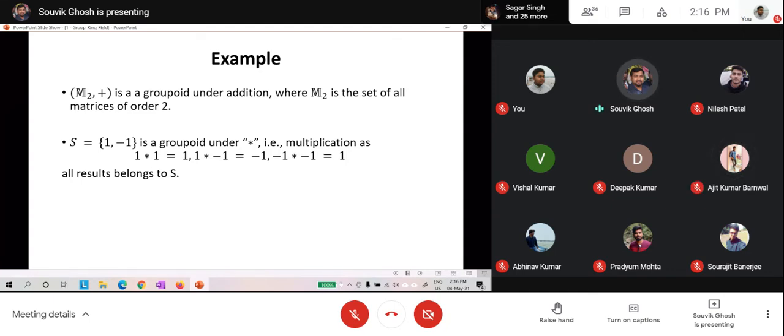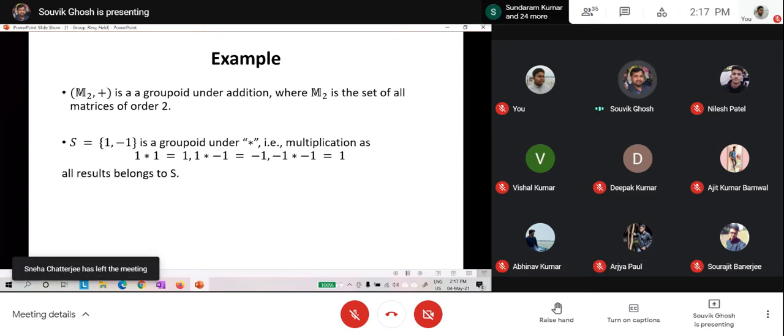So now tell me, if instead of multiplication you are given the addition operation, would it be a groupoid? No, sir. Why? Because 1 plus -1 equals 0, so 0 does not belong to S. Also -1 plus -1 is -2, which does not belong to S. Yes, correct. You just have to see any one case.